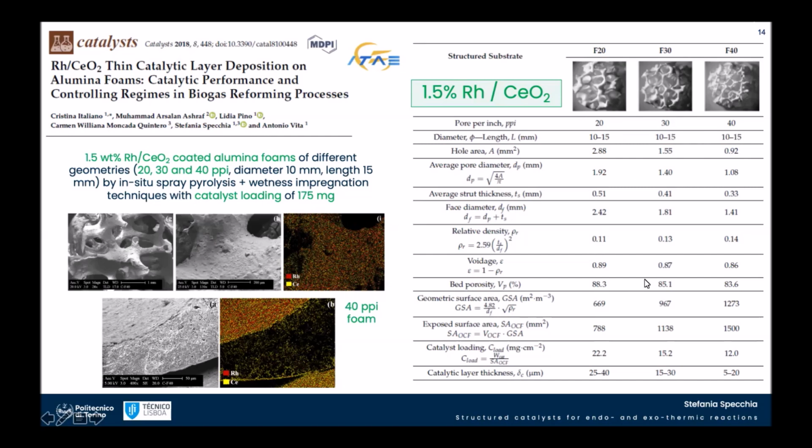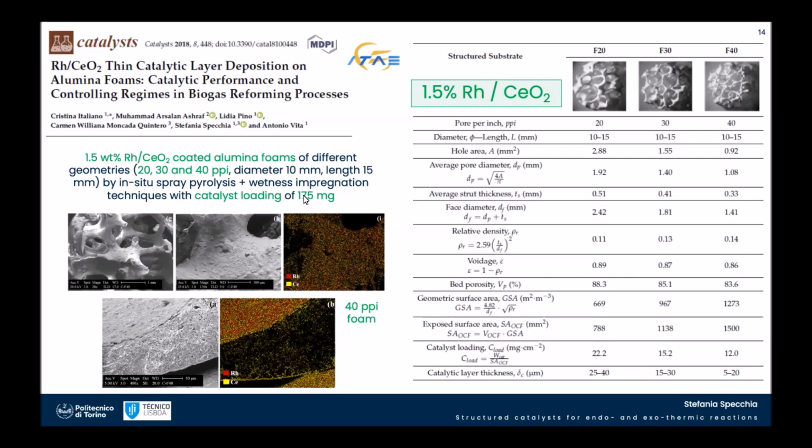So here there are all the characteristics of the 3 types of cells that we use. And very similarly to the previous case, we deposited, in this case, we were using 1.5% over ceria, and we use spray pyrolysis to deposit the catalyst over the foams.